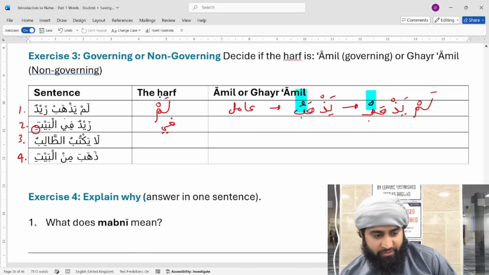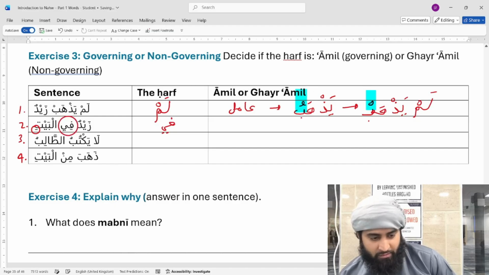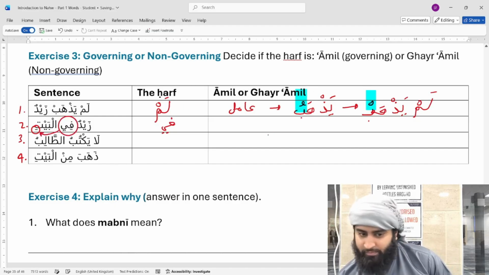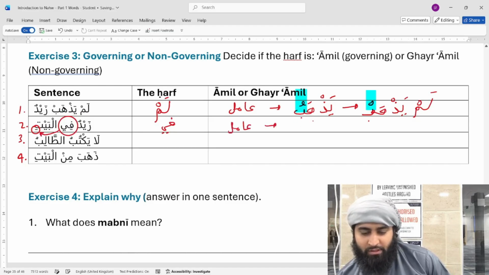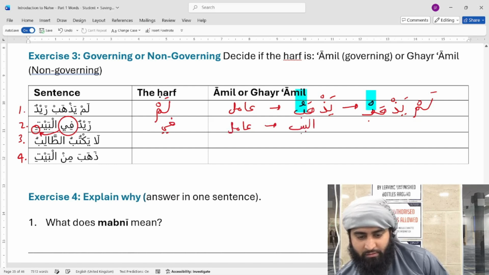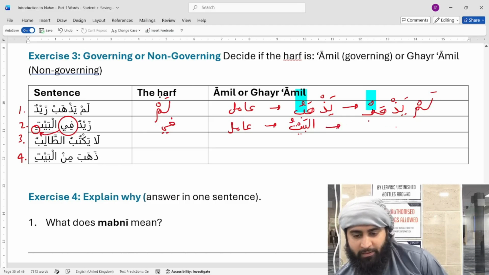Yeah. Because of fi, what's happened? It's changed to this. So it is amil. I'll give you an example. Look. First al bayt. It was bayt. And then fi came in.